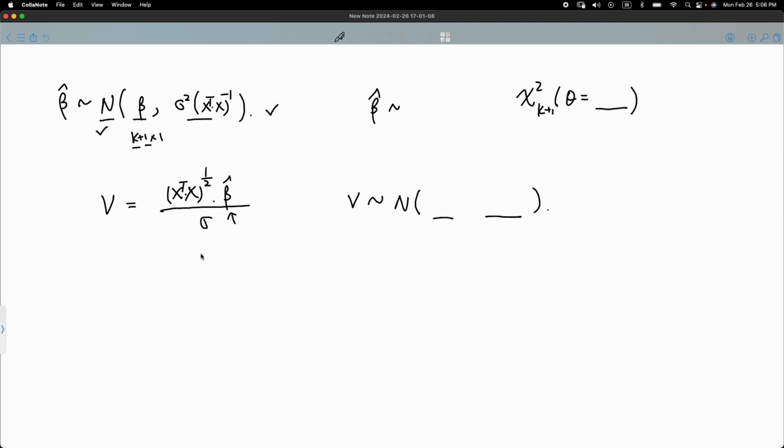Okay. Yeah, so you can evaluate the expectation of V by plugging in this term, and with the same simplification, you will get x transpose x raised to the power of 1/2, and then the true beta value, over sigma. Is there any question regarding why it takes this form?